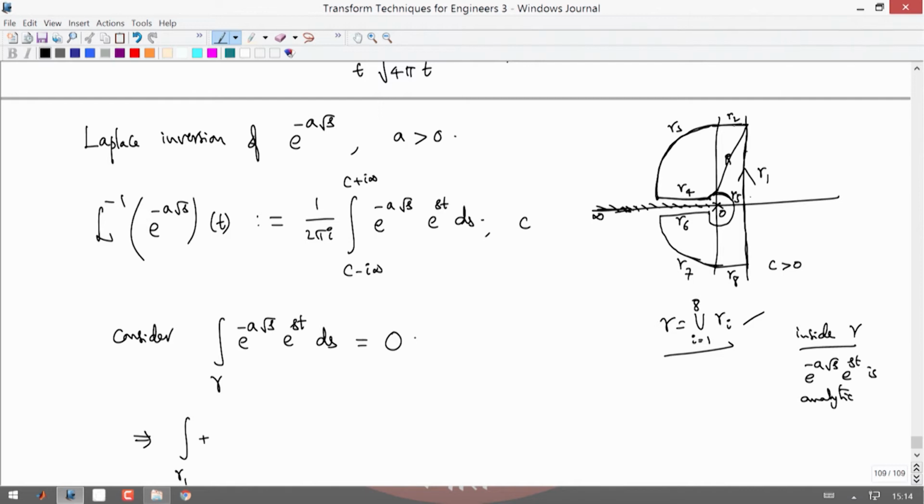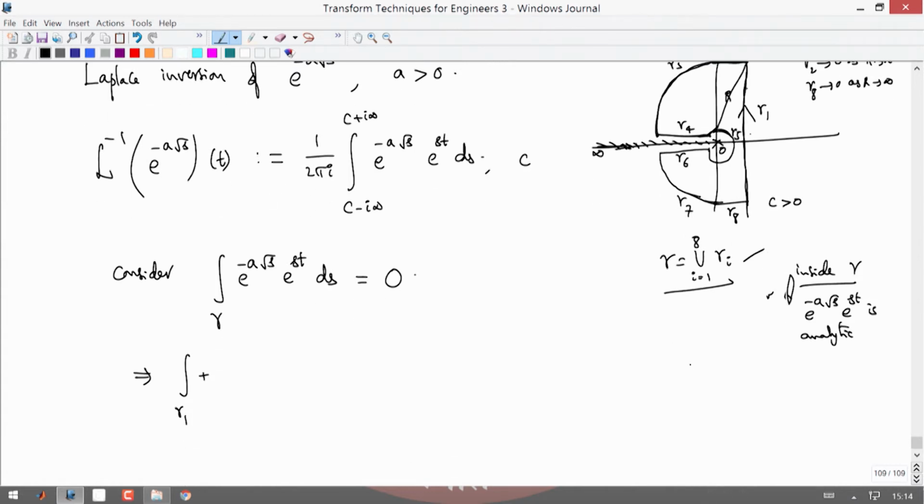As r goes to infinity, gamma 2 goes to 0. Initially you see that as r becomes bigger and bigger, this piece is vanishing. Similarly, gamma 8 is going to 0 as r goes to infinity. So, it does not really matter. You need not consider gamma 2 and gamma 8. So, you have to worry about gamma 3, gamma 7 and gamma 5, gamma 4, gamma 6.